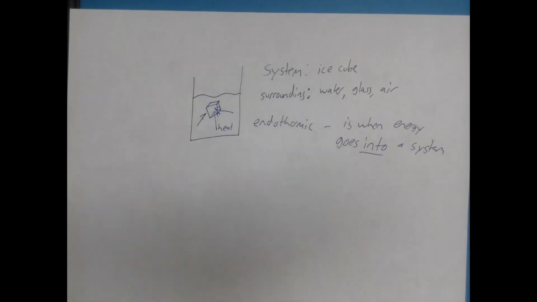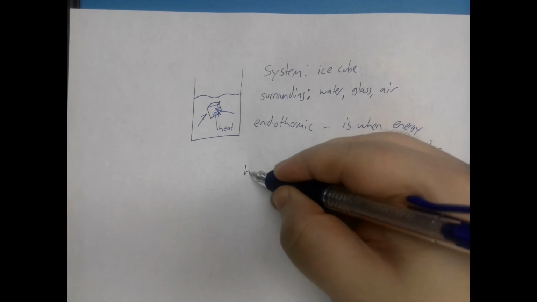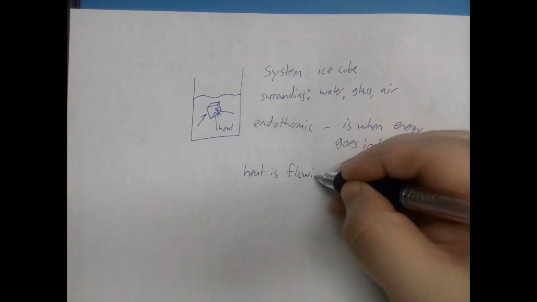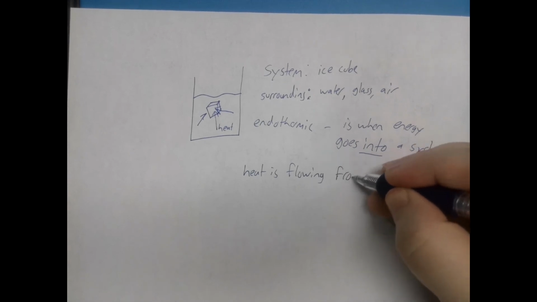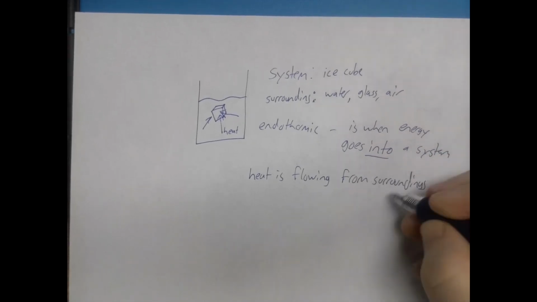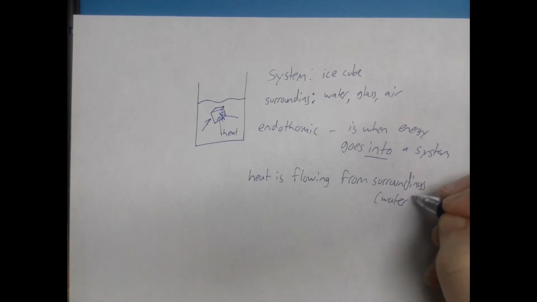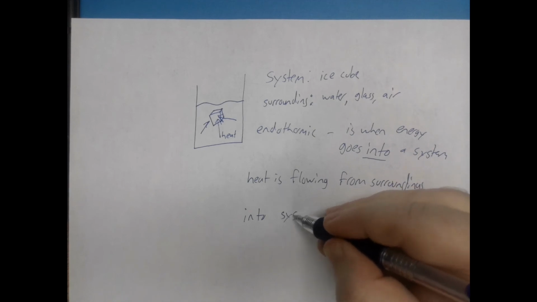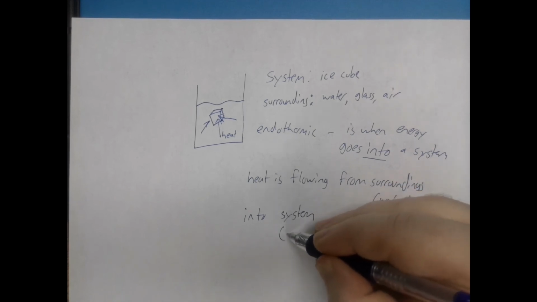We'll learn more about that when we go back into heat and start working on the math. But we would say that heat is flowing from surroundings, which would be the water, into system, which is the ice cube.